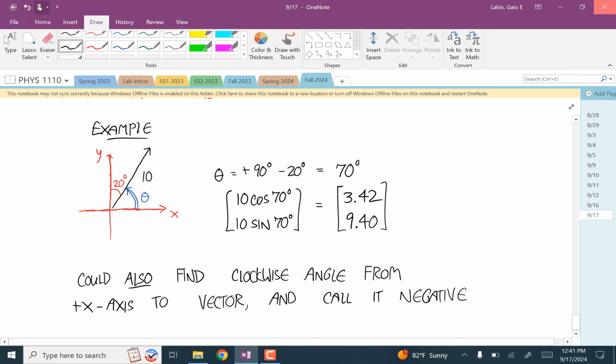In this case, this would be a weird one to do it on, because it's a lot easier to figure out this angle going this short distance than to figure out how far you have to go clockwise all the way around. But there is a clockwise angle you could go around, and it's 290 degrees. And so if you called theta, instead of positive 70, negative 290, you could plug that into this same formula and get the exact same answers.